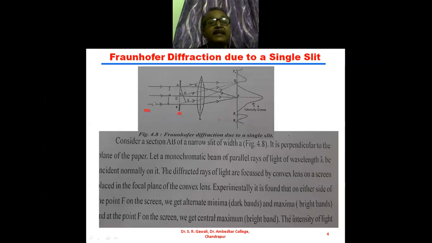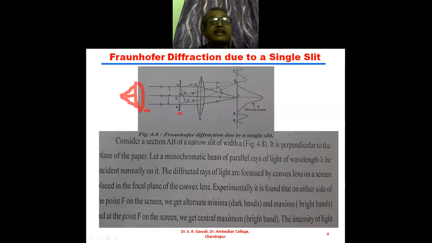These parallel rays don't come just like that. For this, we have to place a lens here. Such a type of lens is there, and at the focus of this lens, the source of light is there. This is the point source of light, and from this point source of light, rays are incident on this lens, and since this source of light is at the focus, all the rays are made parallel by the convex lens.